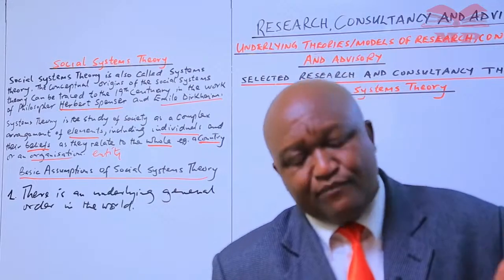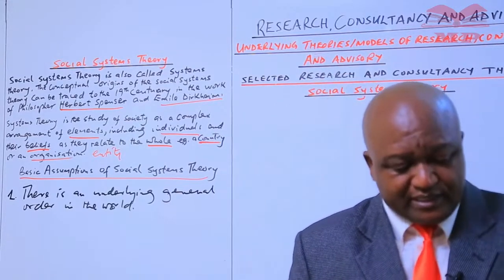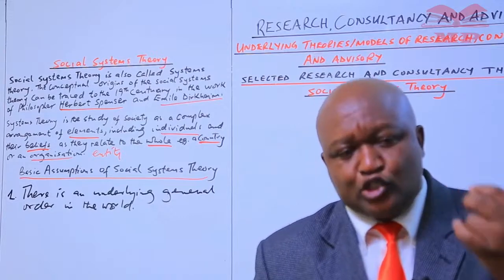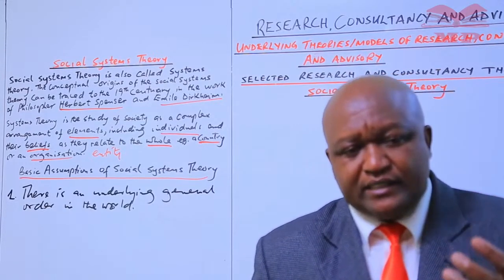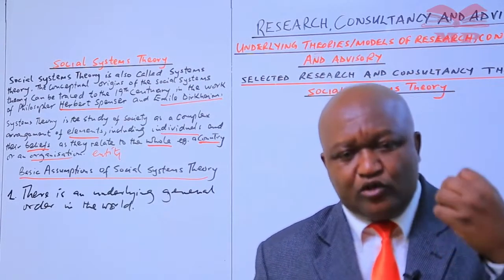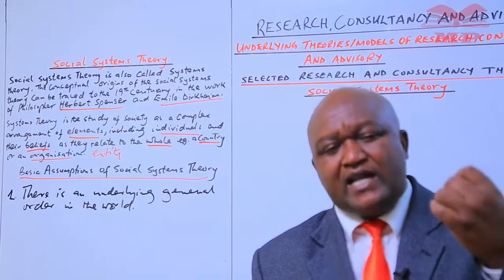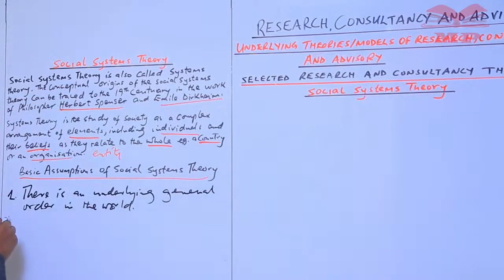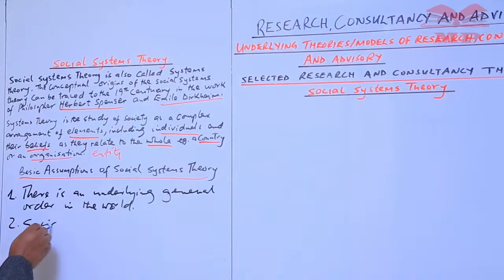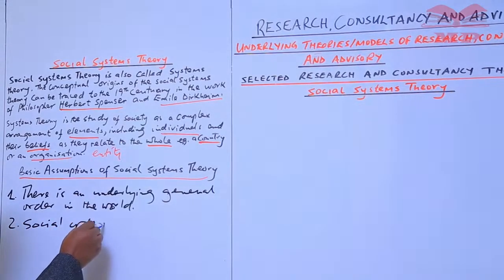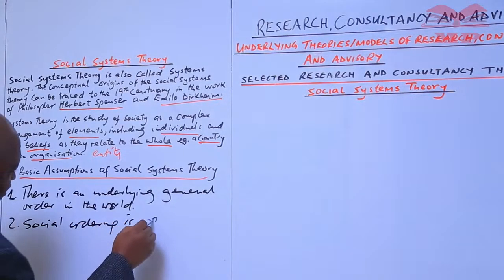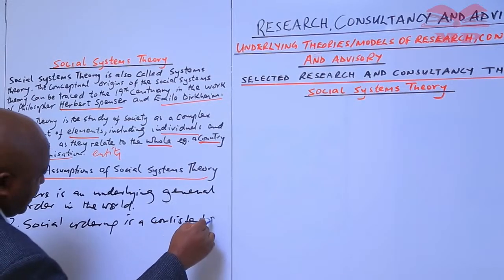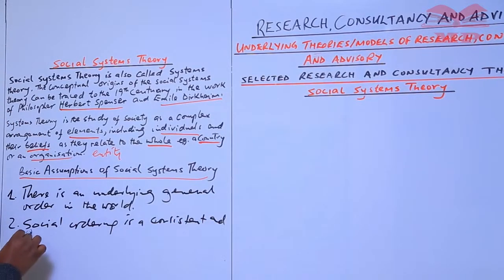The second basic assumption is that social ordering is a consistent and dynamic process.